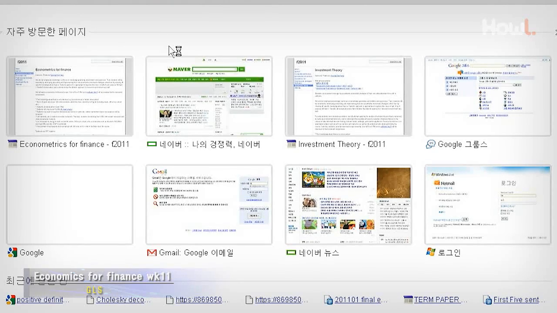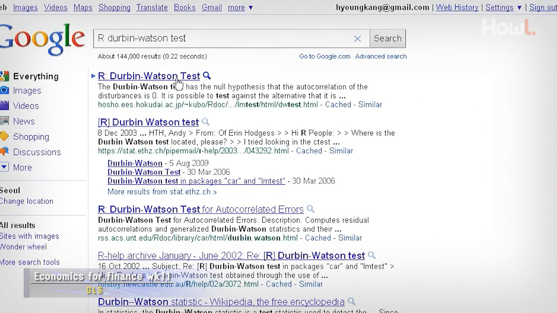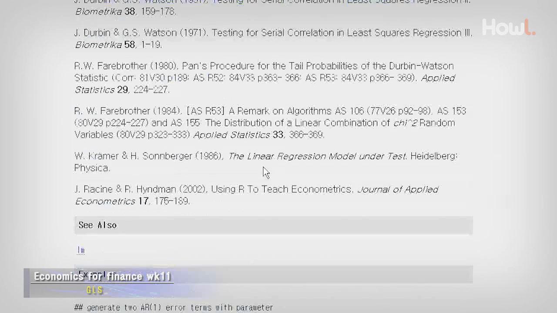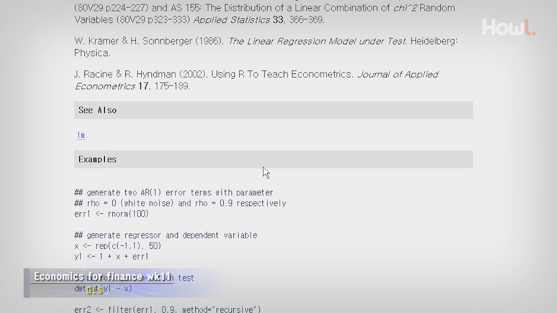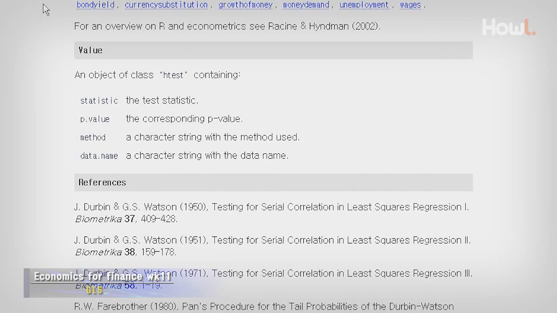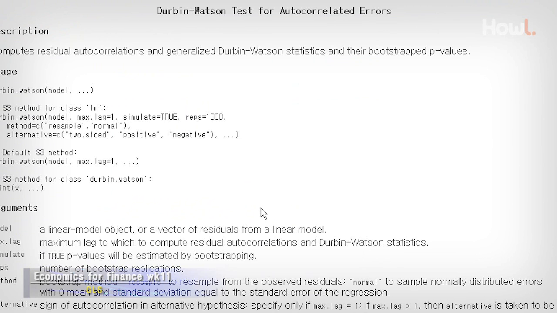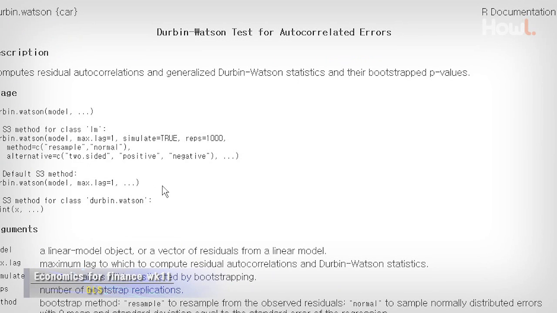R Durbin-Watson test. Okay, the dwtest function. So the dwtest formula performs the Durbin-Watson test for autocorrelation of disturbances.